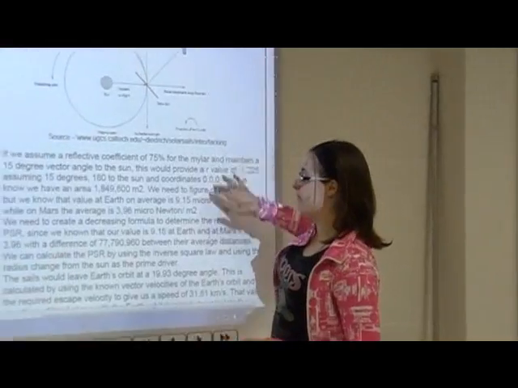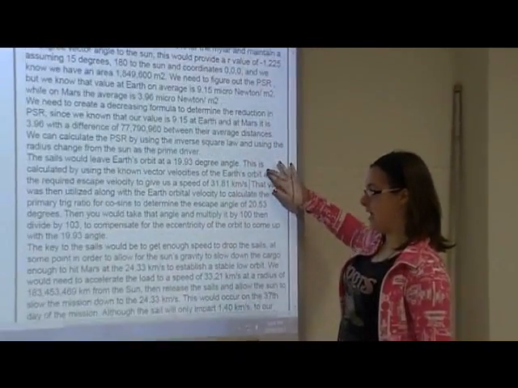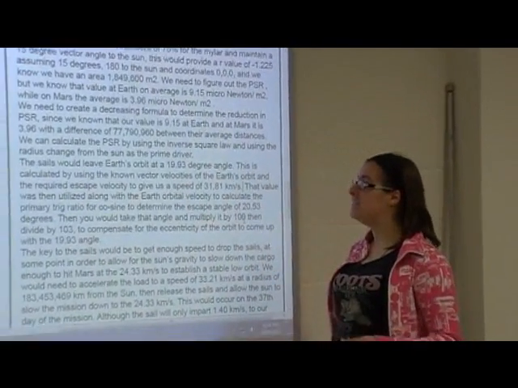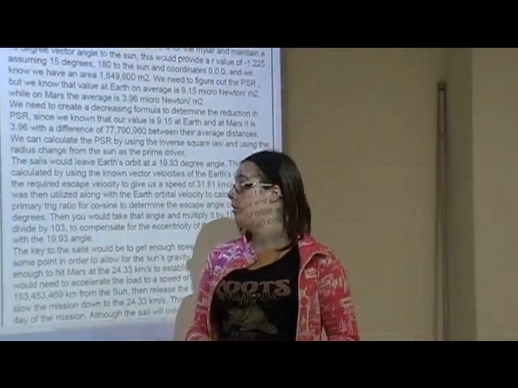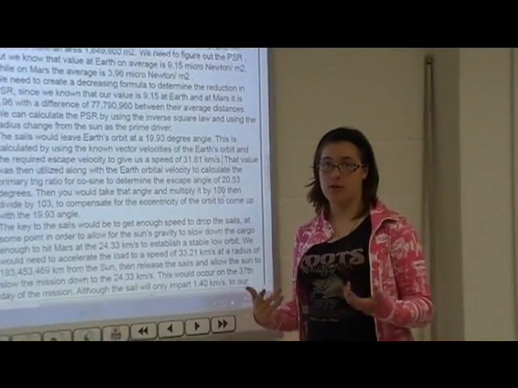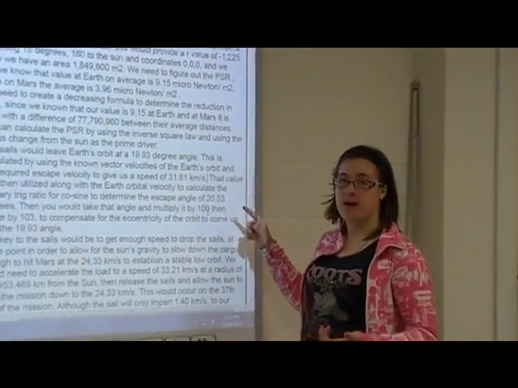And also, I discovered that the sails would be leaving Earth at an angle of 19.93 degrees. And I determined this by using the Earth's orbit and the required escape velocity, along with Earth's orbital velocity, and used a primary trig ratio, and was able to come up with the value of 20.53.